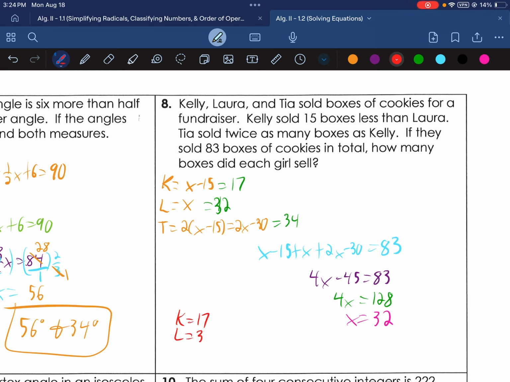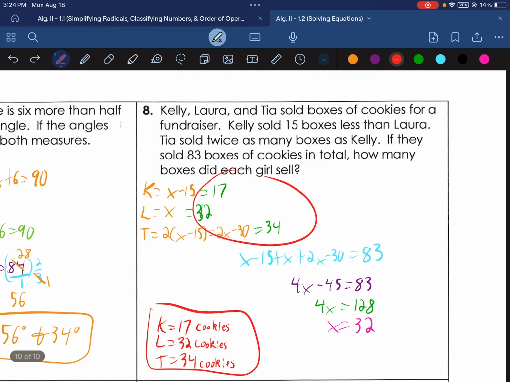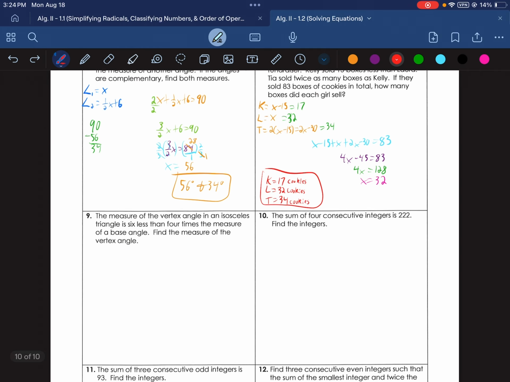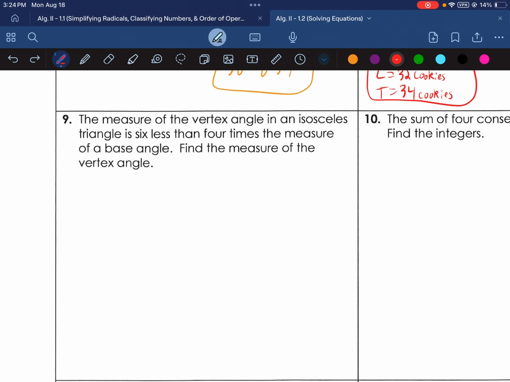So now I'm going to write down here that Kelly sold 17, Laura sold 32, and Tia sold 34. And these are all cookies to use my label. When you have a label, you want to use the label. And I just wrote it again down there rather than using this because this is a little bit more organized in the corner.